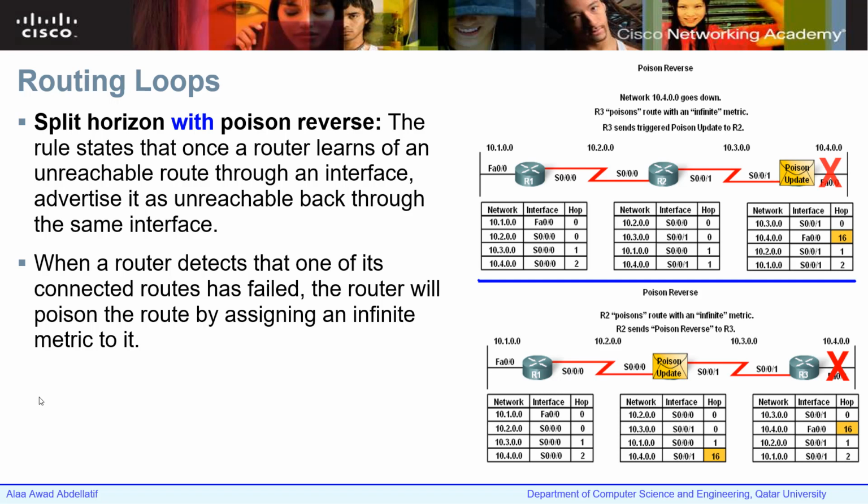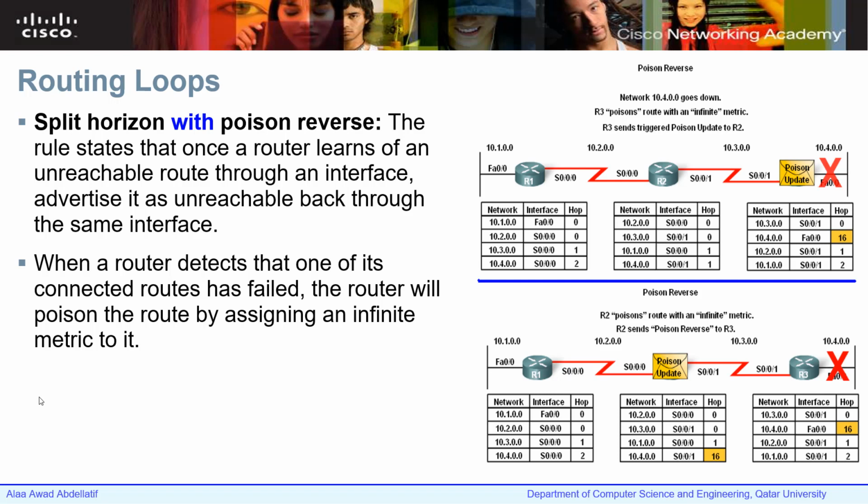So I will immediately send triggered updates or poison updates. Take care, this link became unreachable. And to make sure that all routers receive this information, once R2 receives it, it sends back to R3 the same poison update again.